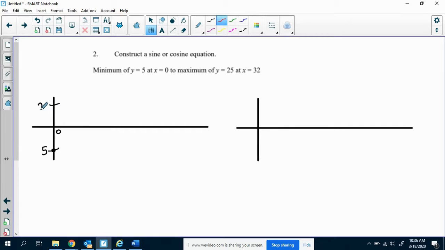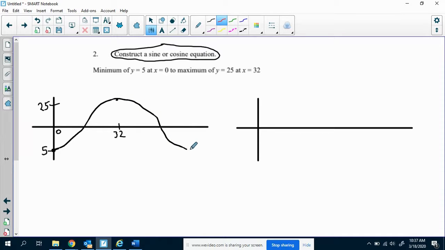And then a maximum of 25 at x equals 32. So if I just figure that this is a sinusoidal graph because it's telling me in the directions that it's a sine or cosine graph, that means that it's going to have a periodic look to it. And it's going to look something like that.